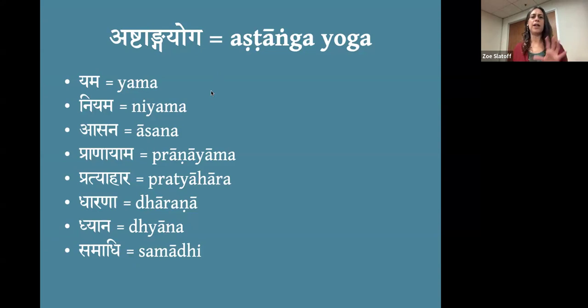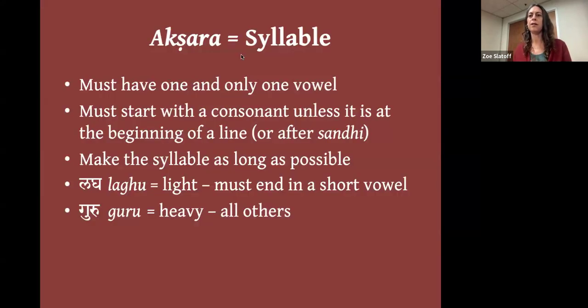But when we get to poetry, it starts to get a little complicated. So we just need to know one more thing, and then we will turn to some verses. We need to know what a syllable is. So a syllable in Sanskrit is called akshara, which means it's imperishable. And there are certain rules about how you make a syllable.